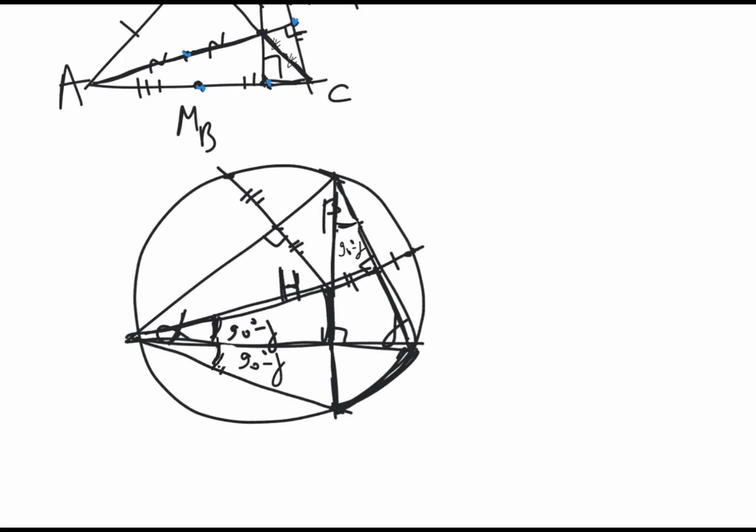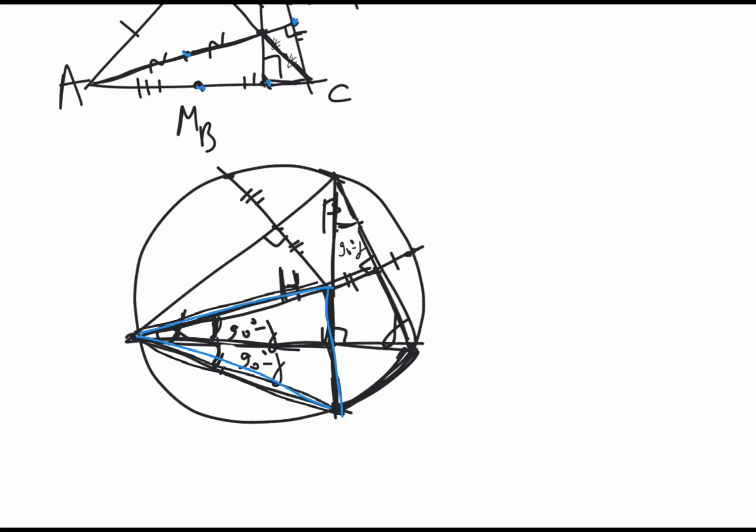So now we have these two right triangles with equal angles, so therefore they must be equal to each other. Or we can also say that in this triangle the bisector is coinciding with the altitude.